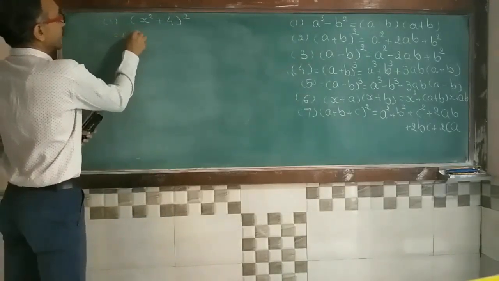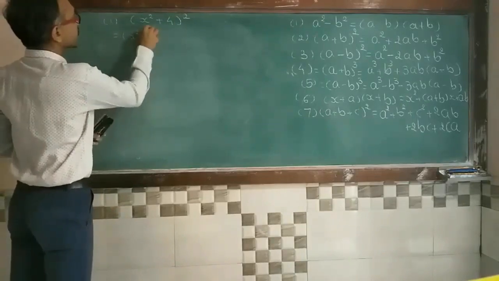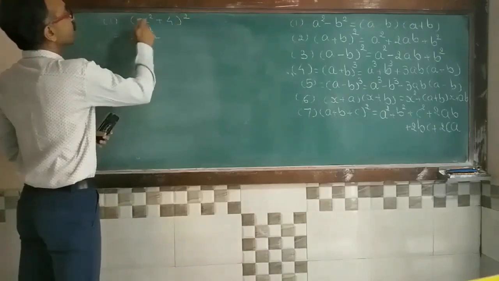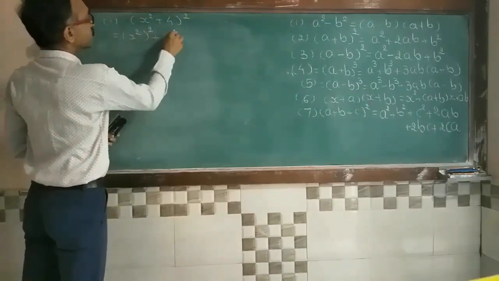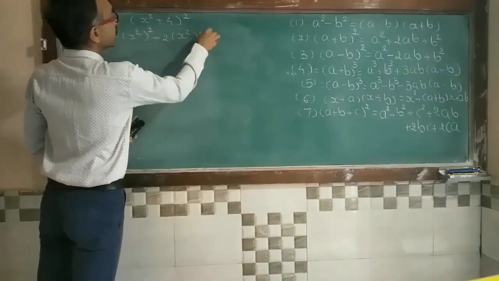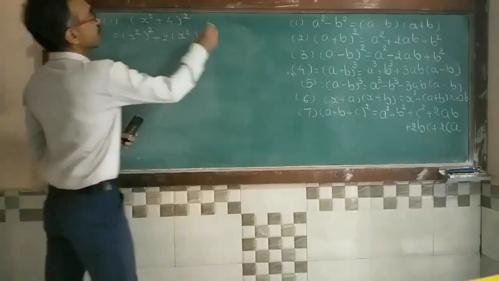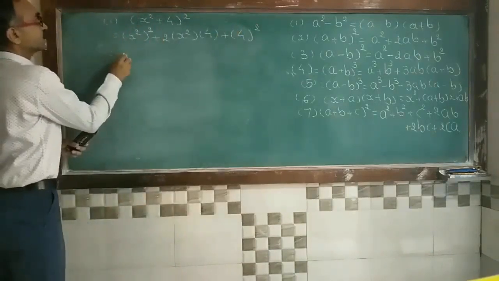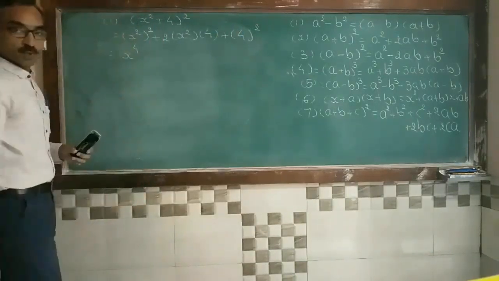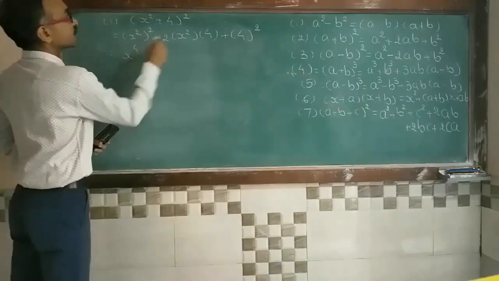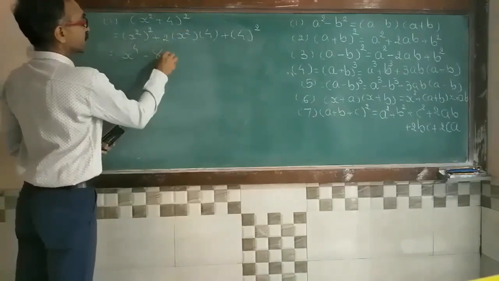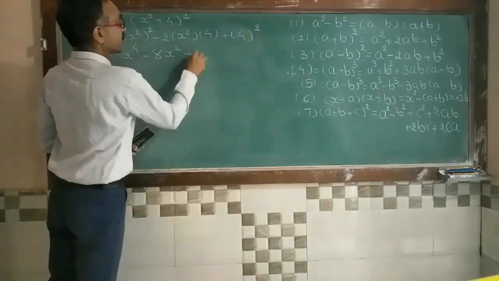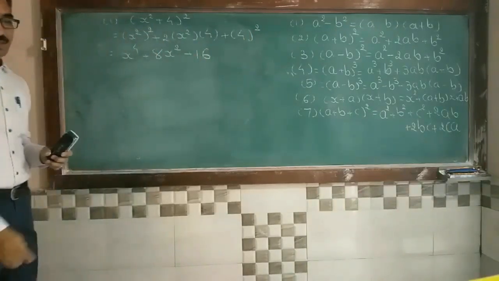See, a square, that means x square whole raised to square, plus multiplication of all the three digits, 2 into x square into 4, and the last term is always 4 square. So the answer is x raised to 4 plus 8 x square plus 4 square, that is 16.